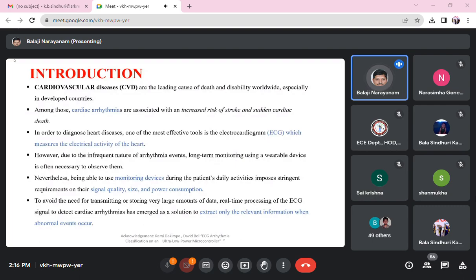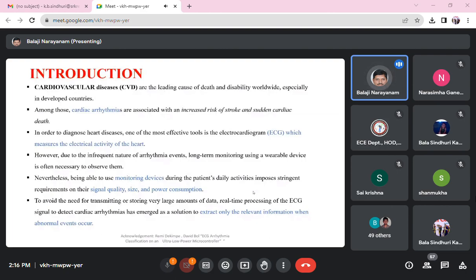To avoid the need for transmitting or storing very large amounts of data, real-time processing of the signal to detect cardiac arrhythmia has emerged as a solution to extract only the relevant information when an abnormal event occurs. So this is a brief introduction about cardiovascular disease.